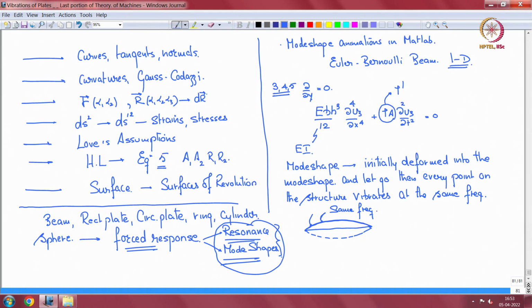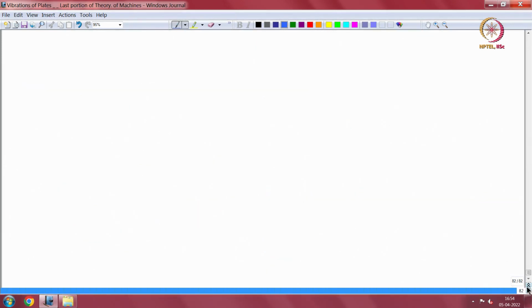Now how do we find the mode shape? We will look for a harmonic response under free conditions. So what we will do is substitute for U3 some function of space times e to the power of j omega t.